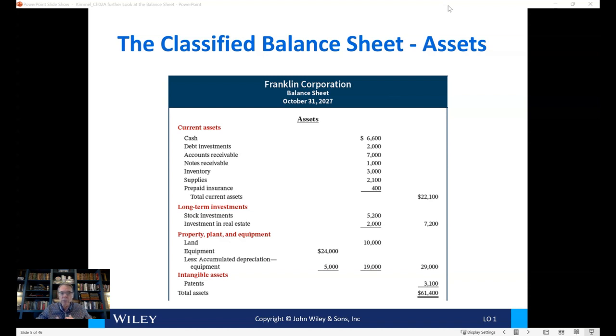And for a company, we're going to depreciate these assets over a certain amount of time, usually in a logical and consistent way. And so your asset is going to be the net between the cost and what you've depreciated it.